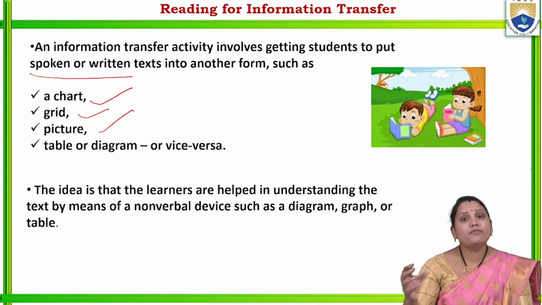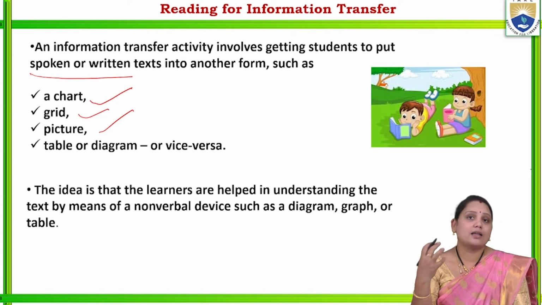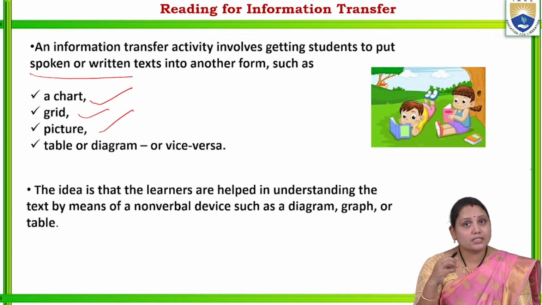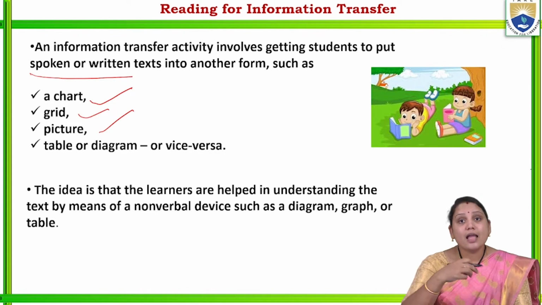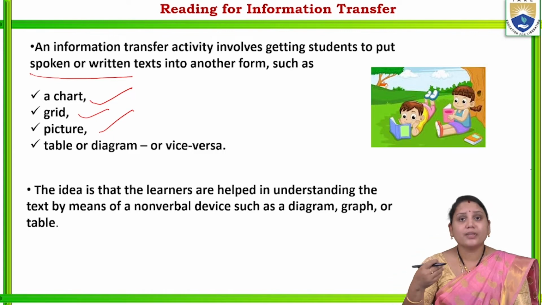Anyway, information transfer from text to diagram or diagram to text depends on the situation. How are you going to use it? In what way will it look more effective and authentic according to that particular text? Sometimes we tend to change from diagram to text, isn't it?